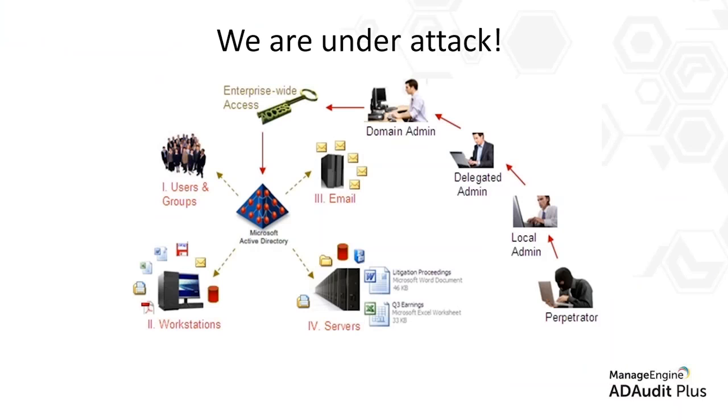Just as Sun Tzu taught us, the reality, the irony, is that we are under attack. Take a close look at this picture and see the perpetrator, how he gets access to your Active Directory, or anybody's Active Directory.